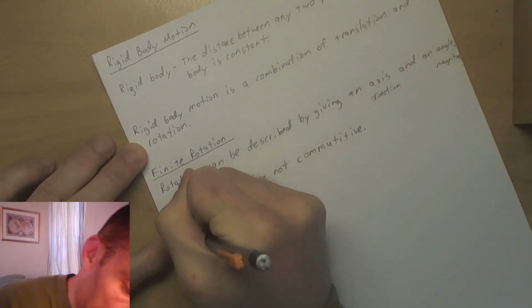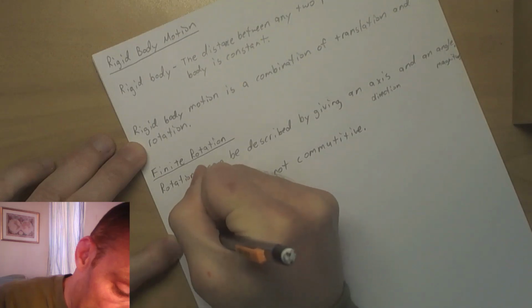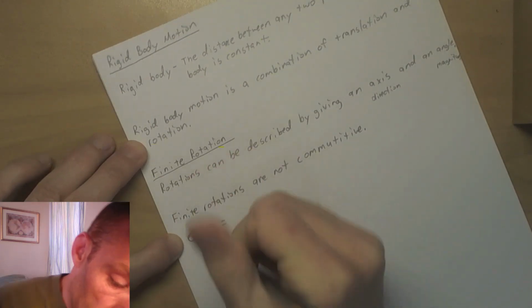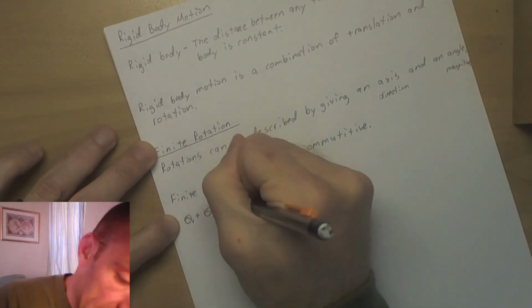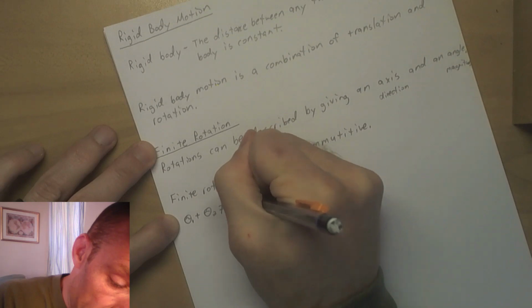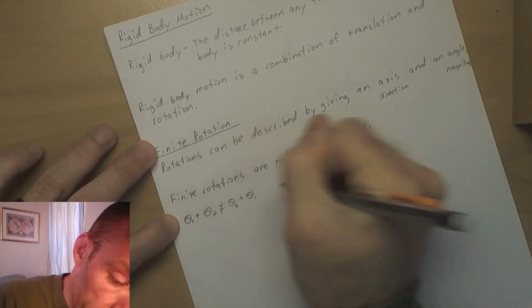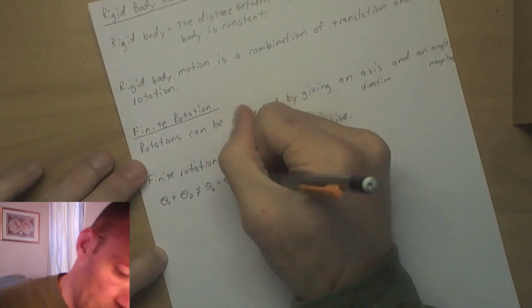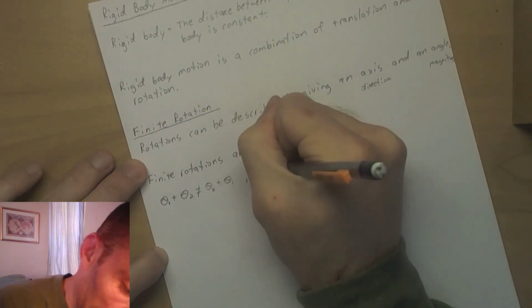That is to say, if I try to add together two rotations in this order, it is not the same as adding them in the opposite order. Okay. Now, I want to give you an example here to make this concrete.